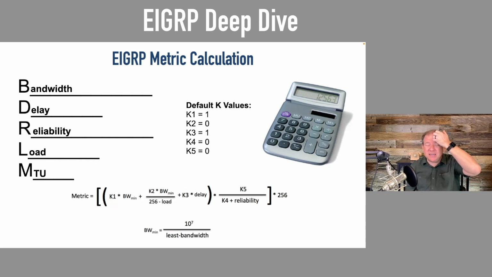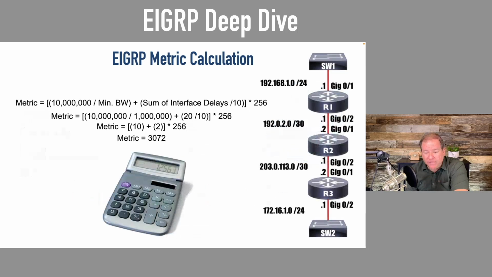The caveat is if K5 equals 0, then that little element right there that says K5 divided by K4 plus reliability, that suddenly equals 1. I know mathematically it should equal 0, but that's an exception. If K5 equals 0, then K5 divided by K4 plus reliability, that equals 1. Notice that MTU does not play in here anywhere. That is just meant to be a tiebreaker.